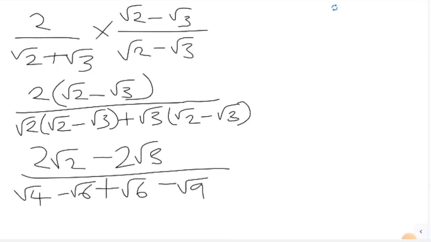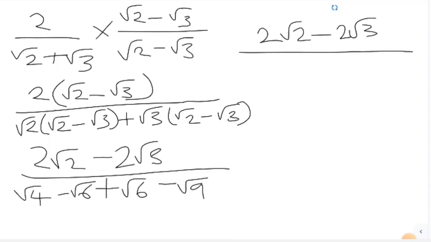The next step would be, I'll rewrite my numerator. Everything here is your numerator, the one at the top. So we have 2 times the square root of 2 minus 2 times the square root of 3 as our numerator, everything over the square root of 4.